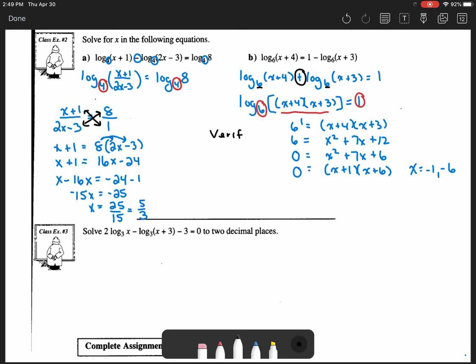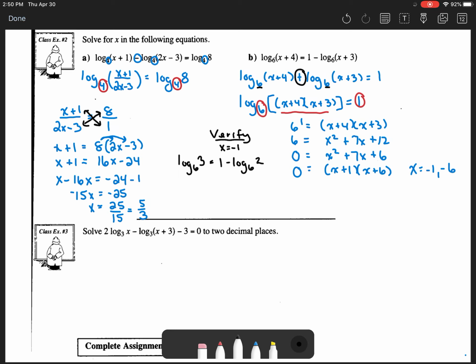So I verify with x equal to -1. Going into my equation, this will be log base 6 of -1 plus 4, which will be 3, equals 1 minus log base 6 of -1 plus 3, which is 2.